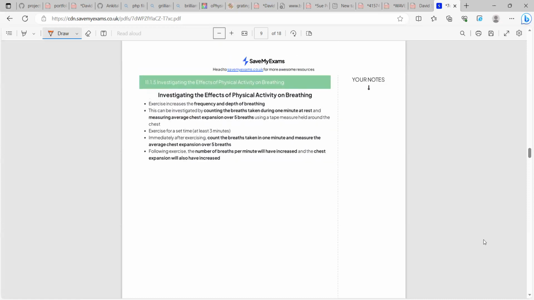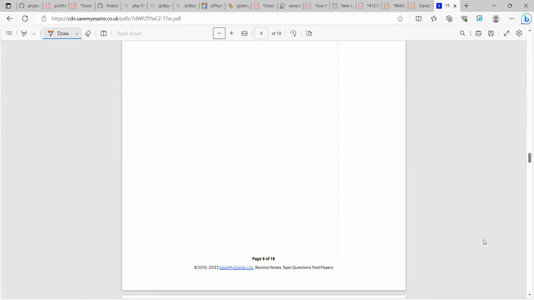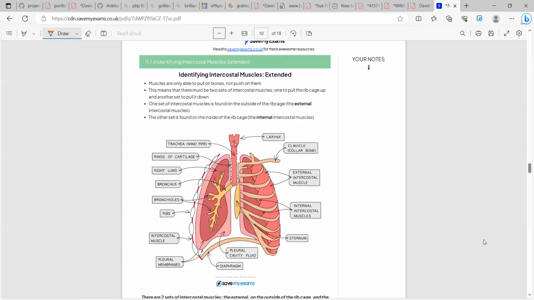What you just need to know is that exercise will increase the frequency of breathing and the depth of breathing because there will be a demand for oxygen in your body. And this is due to the fact that you have more respiration taking place in the cells.